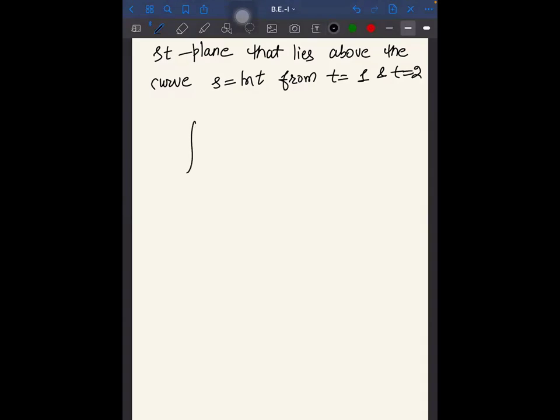Your t runs from 1 to 2, and your s runs from 0 to ln t. Now you have your function, e to the s, ln t, and these are the limits of s, so we'll mark it as ds dt.